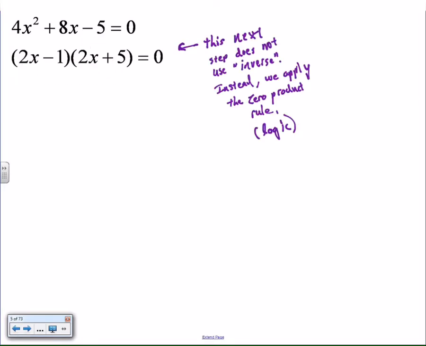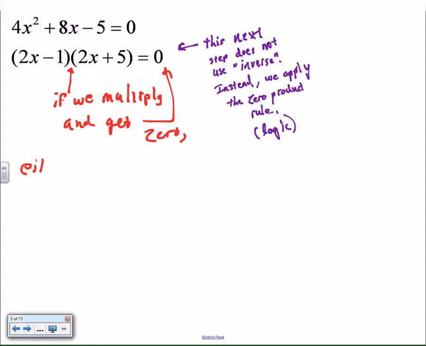The important thing to recognize here is that we cannot use inverses at this stage because I don't know how to invert 2x minus 1 from the 2x plus 5. Instead, we're going to use the zero product rule, which is a logical argument. It goes like this. If this number times this number, again, the whole thing is a number, and this whole thing is a number, if they're multiplied together and I get 0 as a result, then I must be able to conclude that either the first one or the second one has to be 0 in order to make this a true equation.